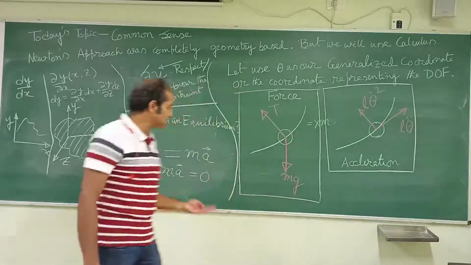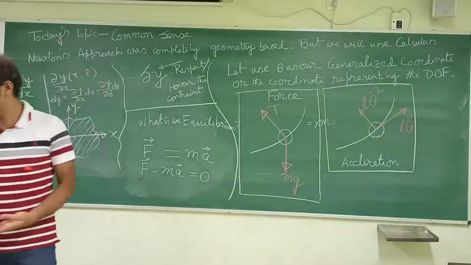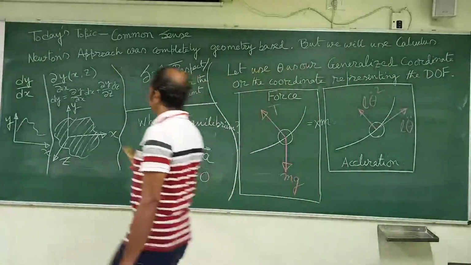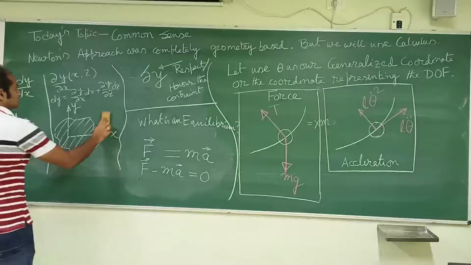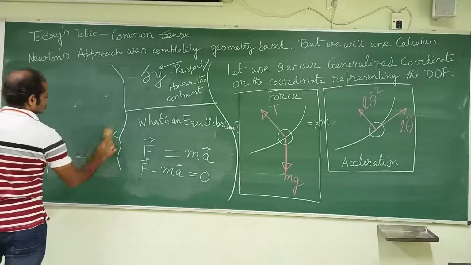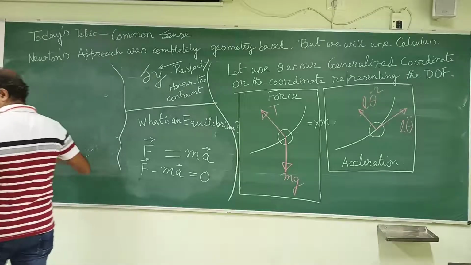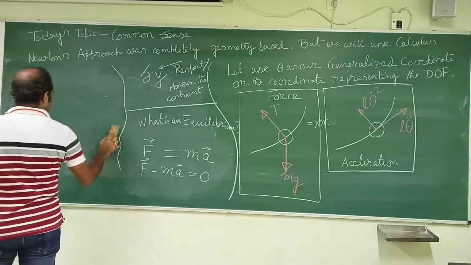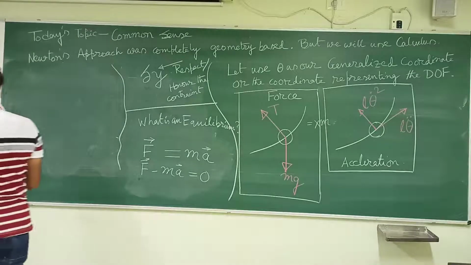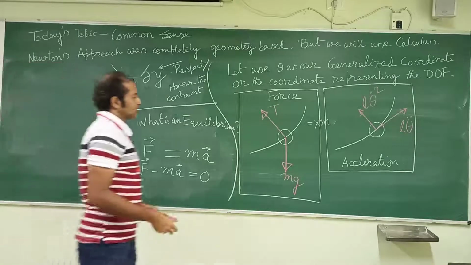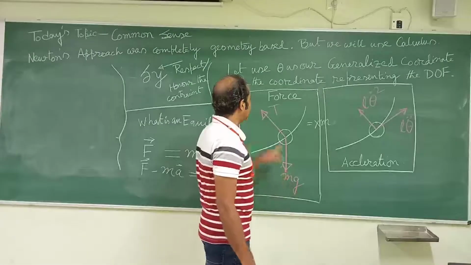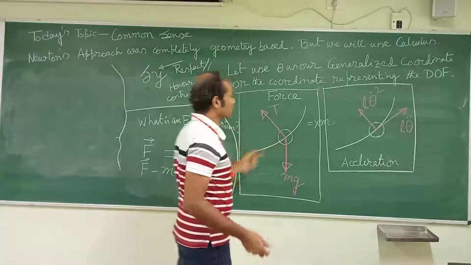Now let us do this with a simple exercise, with a simple pendulum. Then after that we will be generalizing it. Let's denote that this is my F, and this is my constraint force.